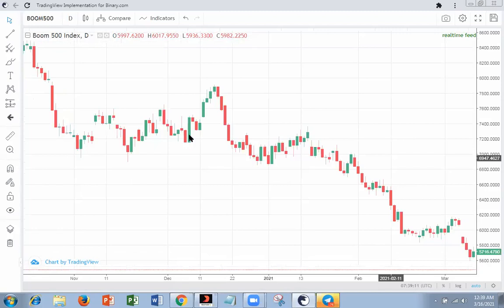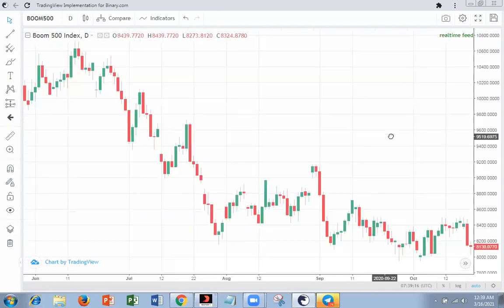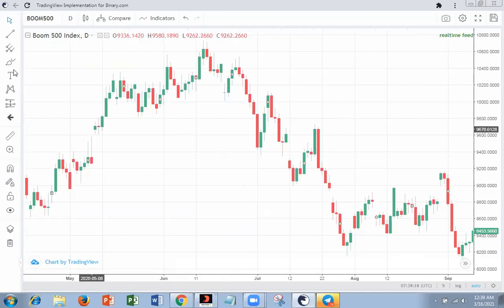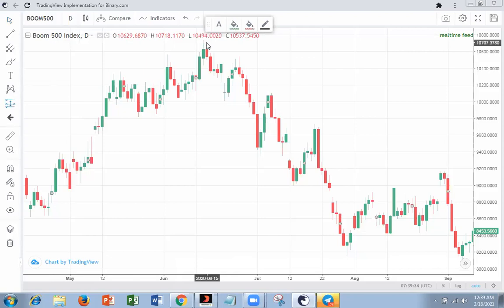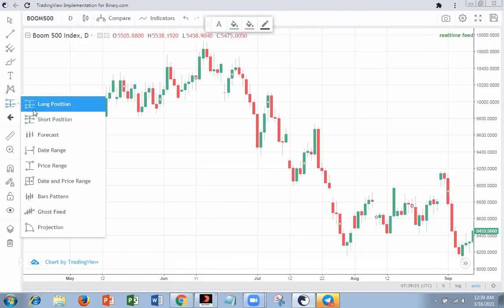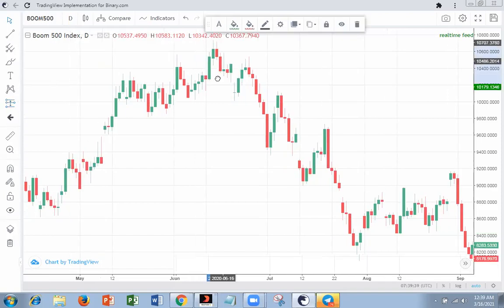TradingView gives you a more flexible way to analyze your market, and you have all the tools here on the left-hand side. You also get opportunities to calculate your pips. Let's say I'm going short. I'll click on short position.